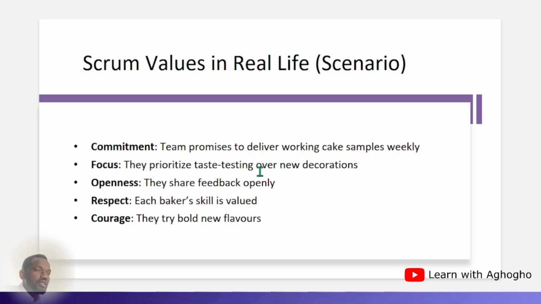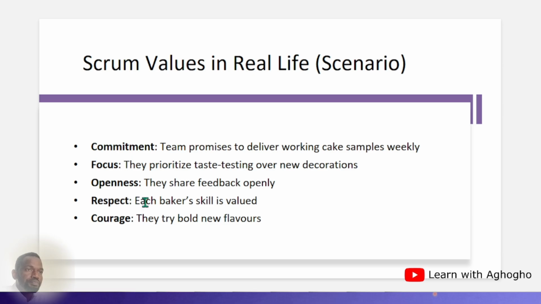If the team has come together and decided that for each sprint they'll be delivering every two weeks, they should be able to see through that that promise is met. That is their commitment. They should prioritize the testing over new decoration. So being able to present what they have done to their stakeholders, making sure that the requirements are met.